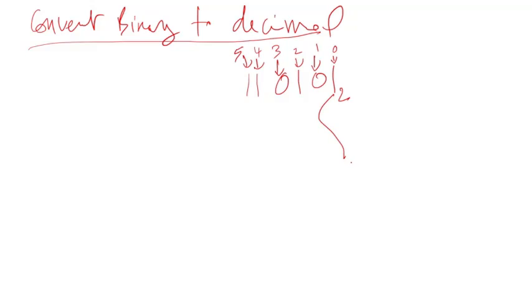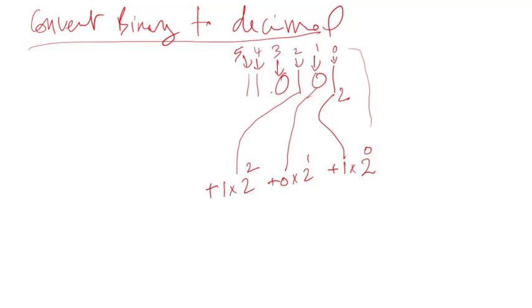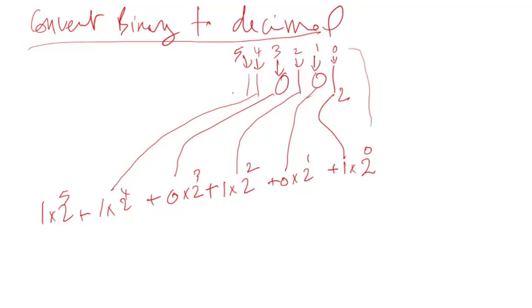So you take 1 times 2 to the power of 0, plus 0 times 2 to the power of 1, plus 1 times 2 to the power of 2, plus 0 times 2 to the power of 3, plus 1 times 2 to the power of 4, plus 1 times 2 to the power of 5.